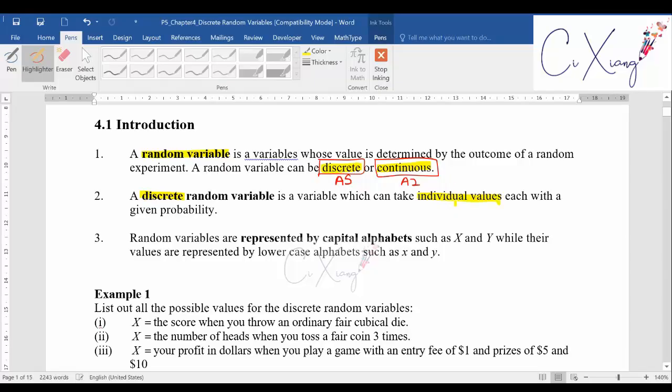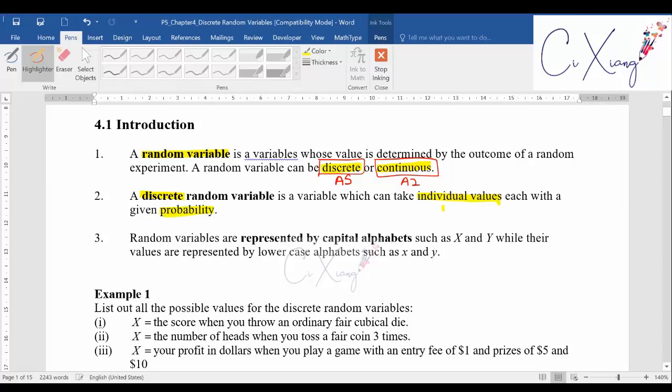If it is not an individual value, that means x is given in a range. As an example, x is between 1.5 and 2.5. So it is given in a range, therefore that is not a discrete random variable. So a discrete random variable means that it can take individual values. Usually for all these individual values, you'll be given a probability for every single value.